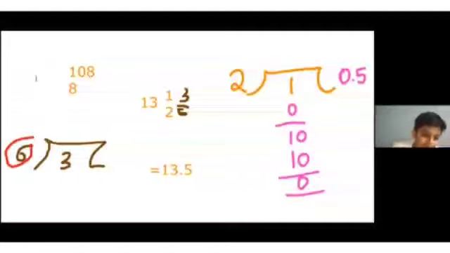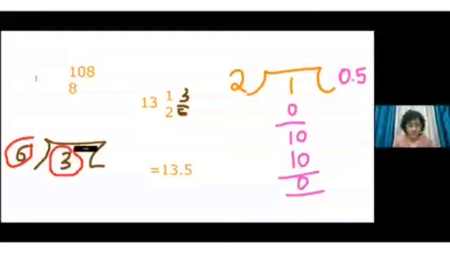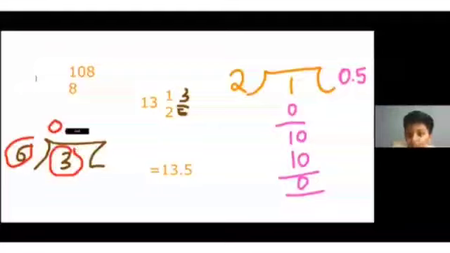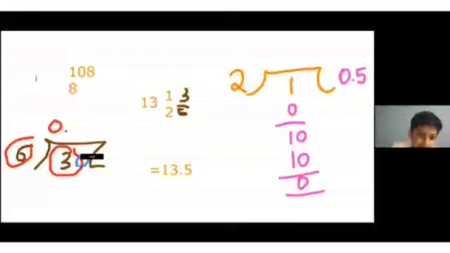And then we'll put 0 point, and then we'll make it 30, so 0.5. And then again we'll add 13 to it, so it'll be 13.5.